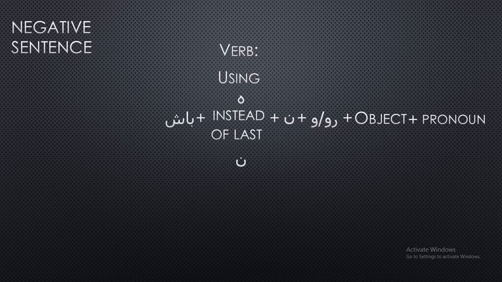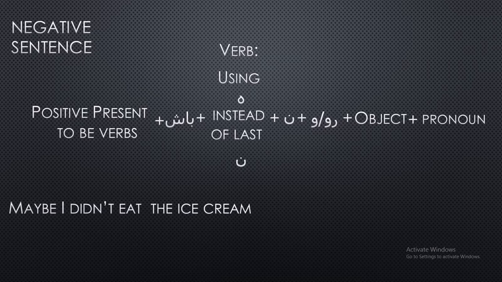And after that, bash and positive present to be verbs. As you see, we have the same way as for positive sentences of this type, but we just use ne before the verb.